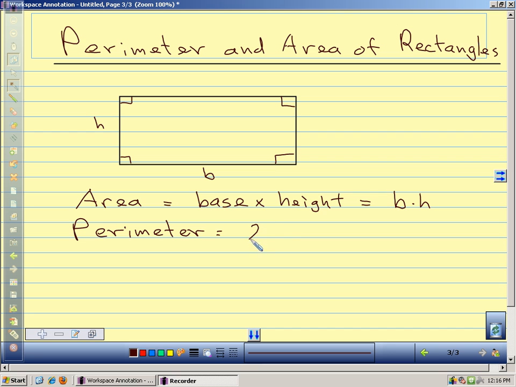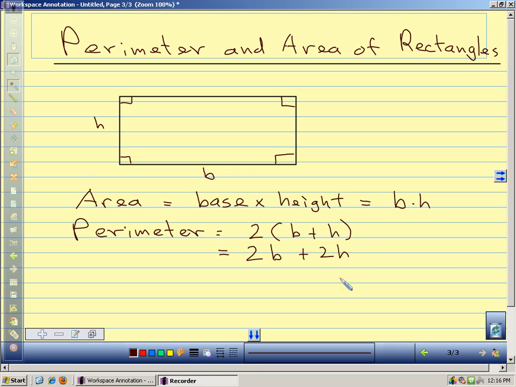So 2 times base plus height, or if we distribute here, we could say 2b plus 2h. 2 bases plus 2 heights.